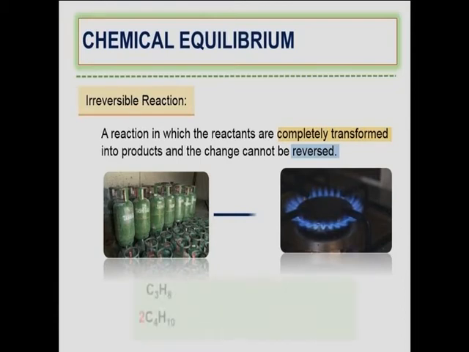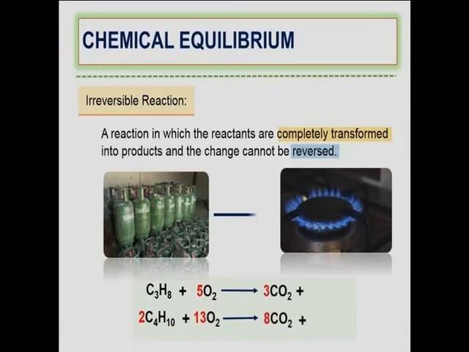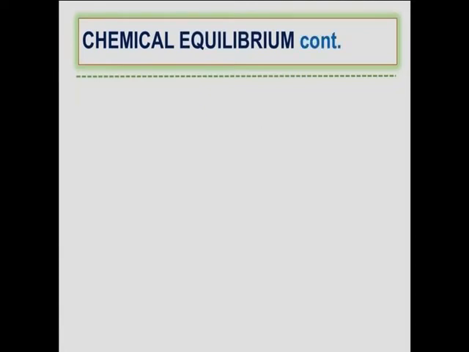What happens here is that LPG gas is a mixture of propane and butane, and these hydrocarbons burn with oxygen to produce carbon dioxide and water vapor. Carbon dioxide and water vapor cannot give us back the hydrocarbon. That is why this is a good example of an irreversible reaction.